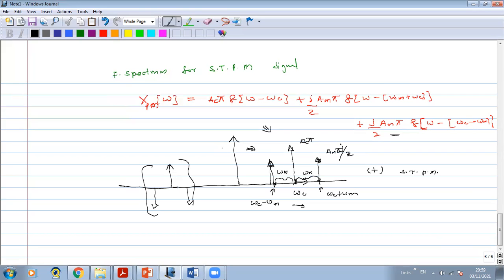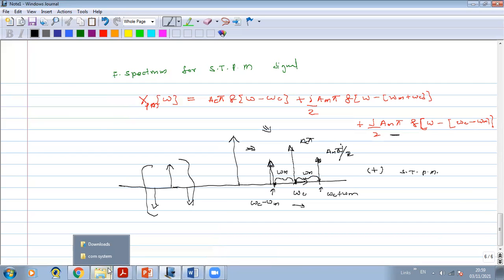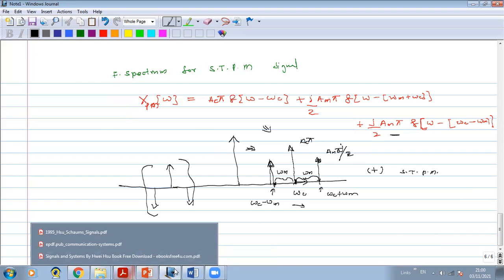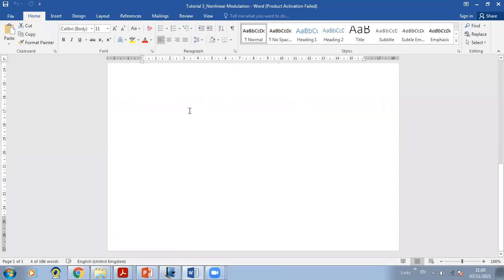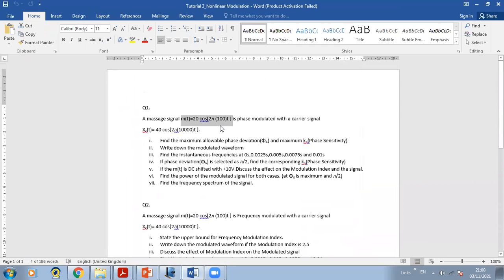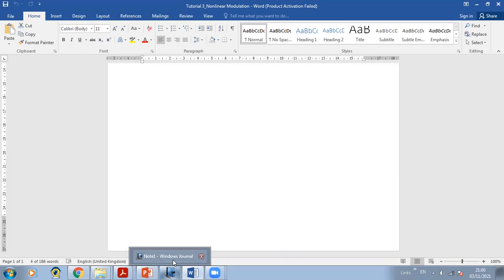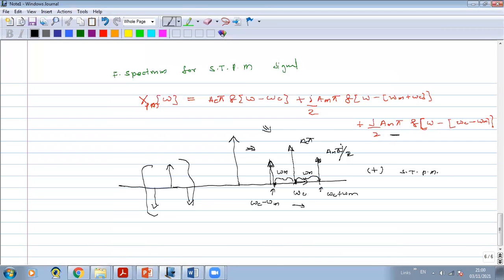So what you have to do is apply the values here without a problem.